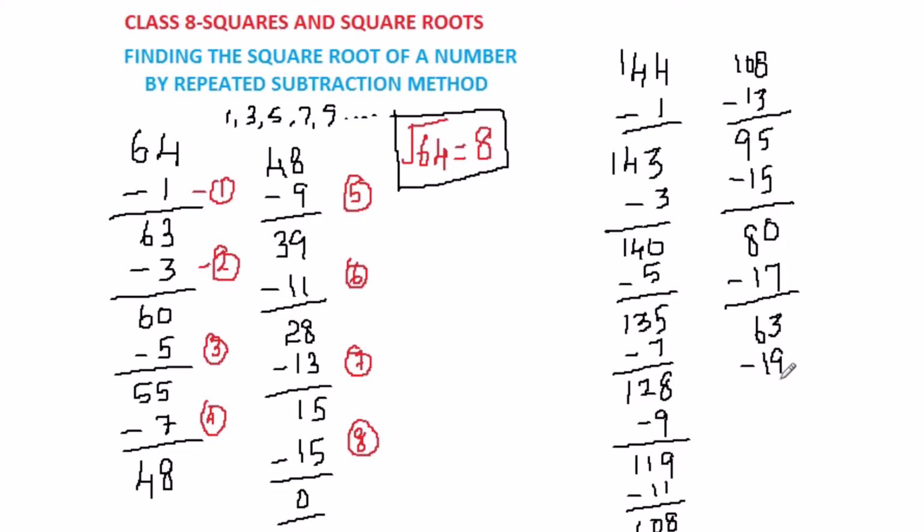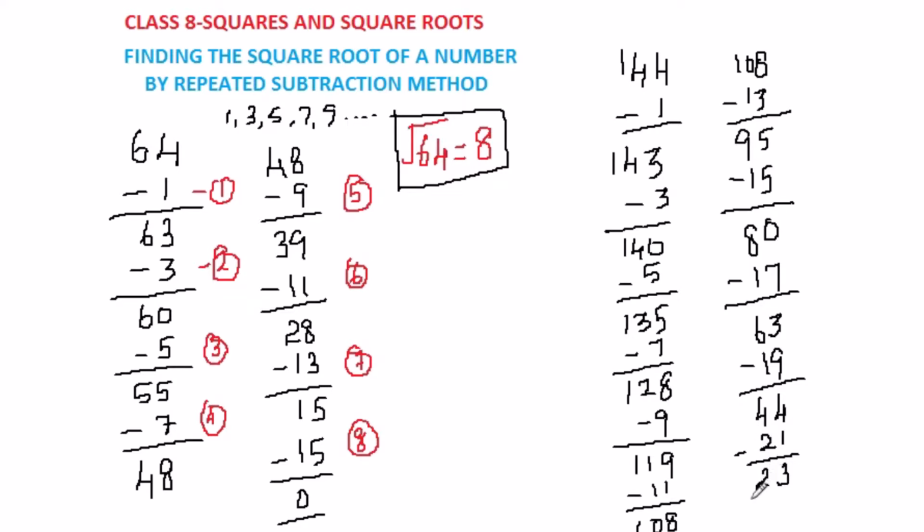We subtract 19 and get 44. The next odd number is 21. If you subtract, you get 23.